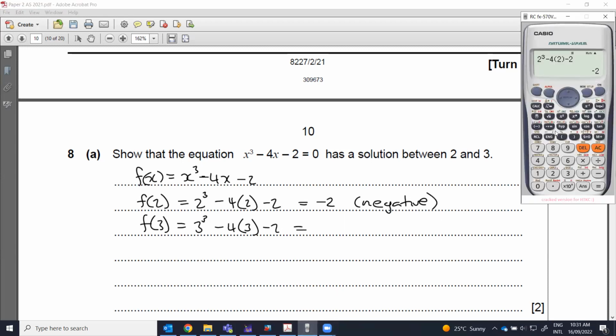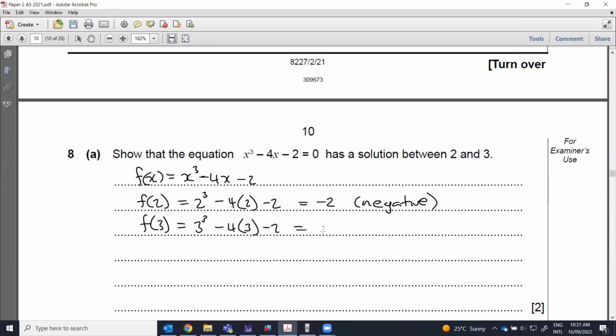Again, do it on your calculator. This gives me 13, and this is a positive number. That is what we are supposed to take note of.